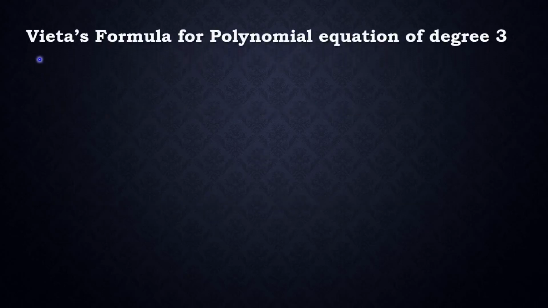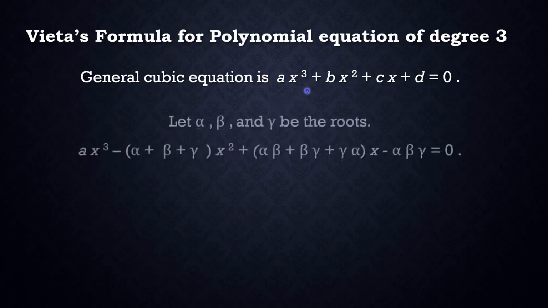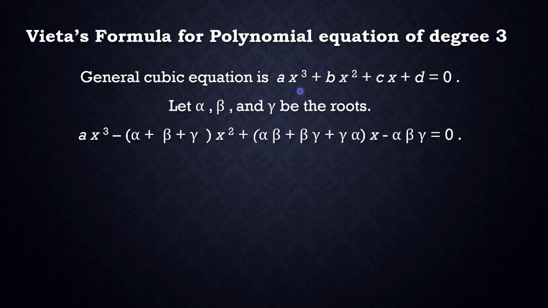Next we are going to see Vieta's formula for a polynomial equation of degree 3. The general cubic equation is ax cube plus bx square plus cx plus d equal to 0. So this is the general cubic equation. We have 3 roots for this equation. We have to take the roots as alpha, beta and gamma.